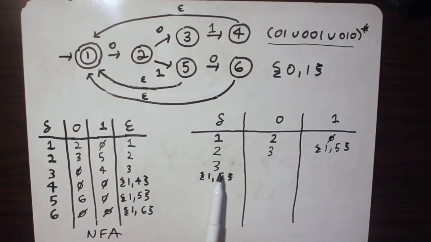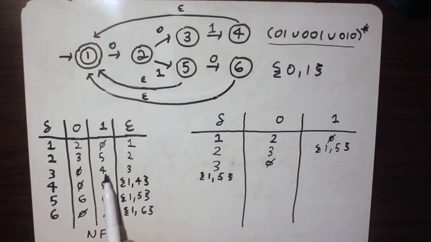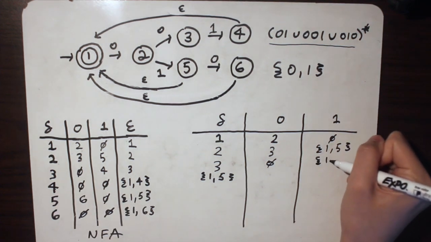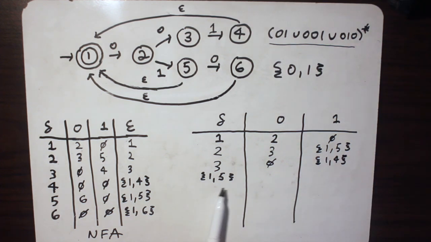Okay, so on a 3, we have the empty set here, so I'm going to put that. And then we can go to 4, check the epsilon. We see that we have a 1 and a 4. So we're going to move that over here. And then here we have a set, but we're just going to be following the same pattern. So on a 1, we can go to 2 from an input of 0.